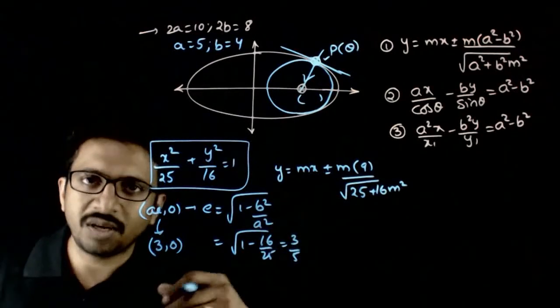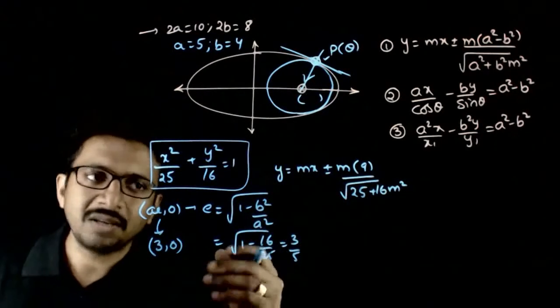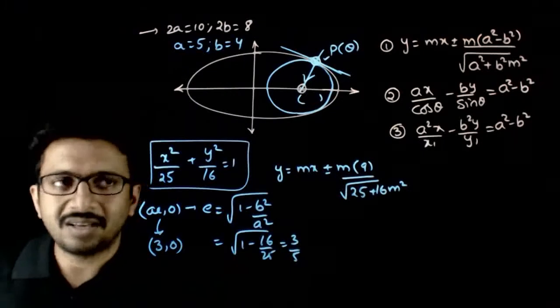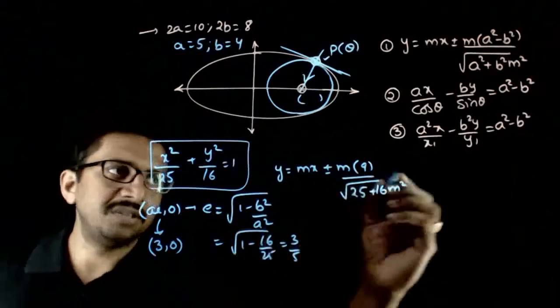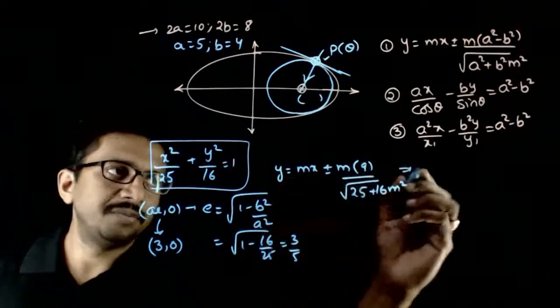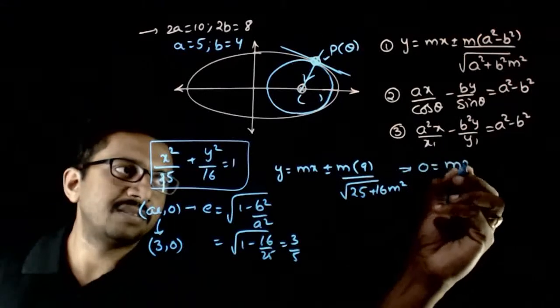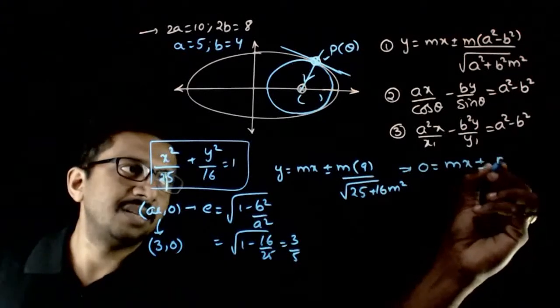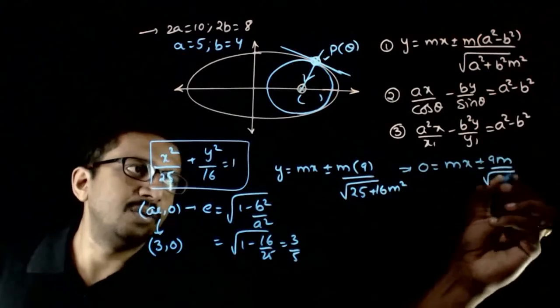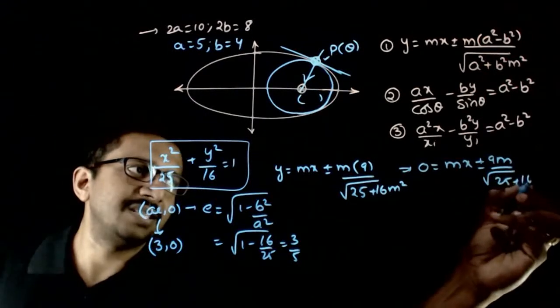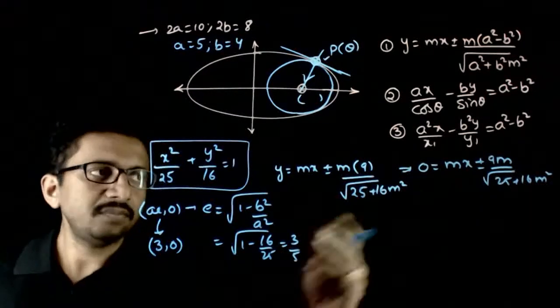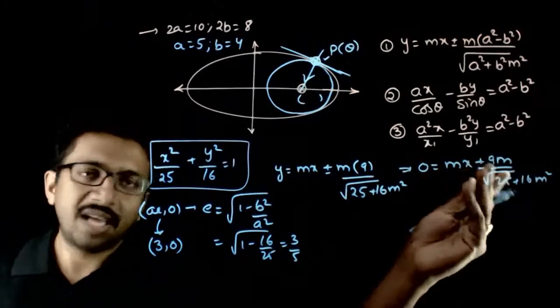So let us see what the value of m is so that this line passes through 3, 0. This implies 0 is equal to m times 3 plus or minus 9m by root of 25 plus 16m square. So one of the answers is m is equal to 0.